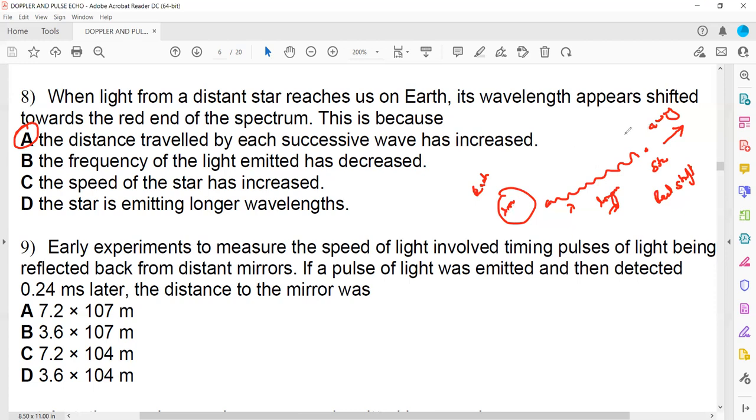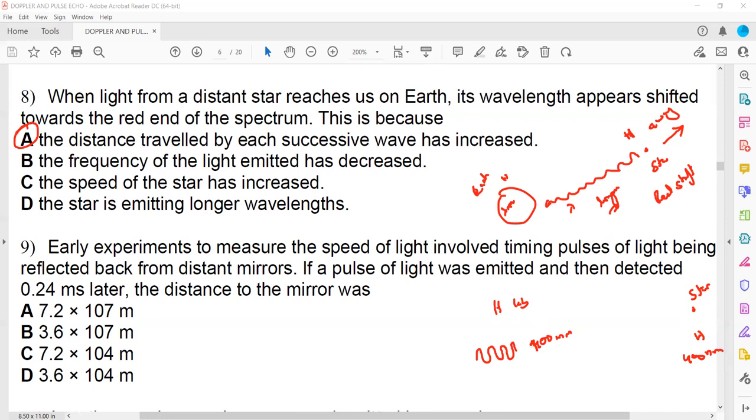For example, if this star has hydrogen, and on Earth we have hydrogen, and in the lab, when we carry out the line spectrum of hydrogen, it gives 400 nanometer, then the star, which also consists of hydrogen, is also giving 400 nanometer, or 700 nanometer, any value.